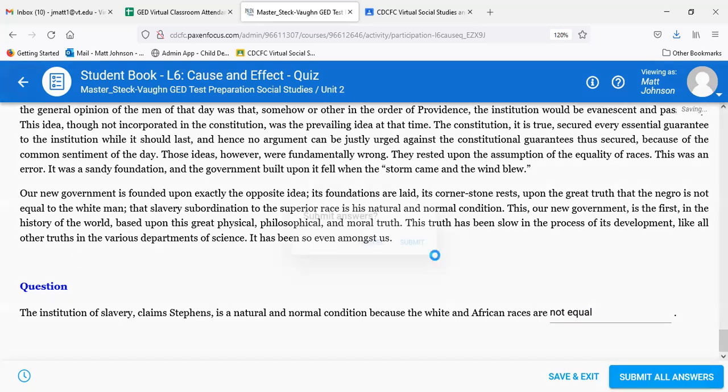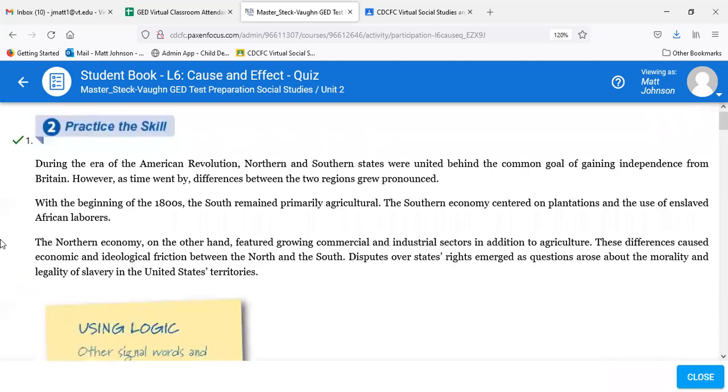Let's go ahead and check our answers real quick before we move on. Yep, 1 is C, as in cat.